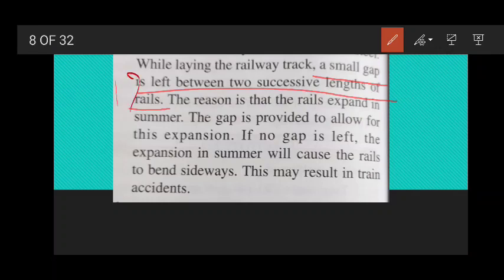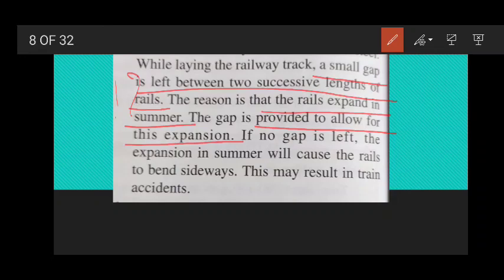The question is why. The answer will be, so that the rails can expand in summer, because we know that when a solid is heated, it expands. Clear? So the rails expand in summer. The gap is provided to allow for this expansion.